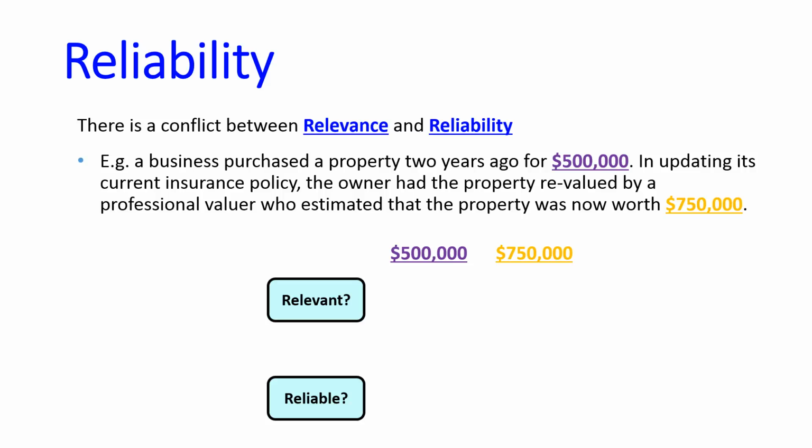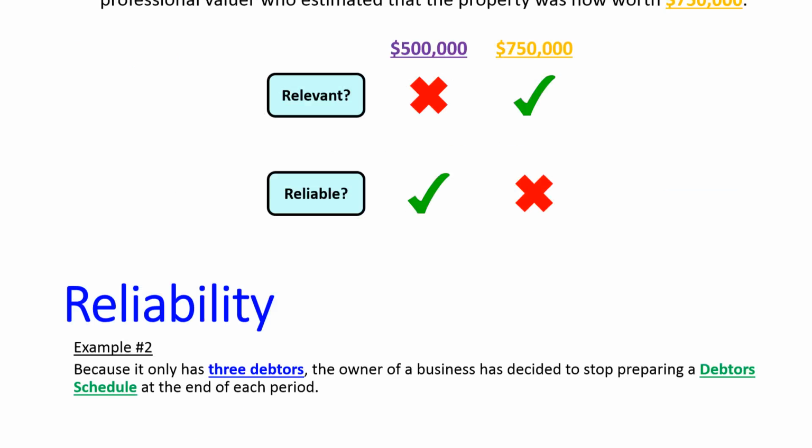Should you be relevant? If you are, then you'll forget the old number and update it to its current market value. If you're being reliable, you'll use the old figure, even though it's got nothing to do with today's value and it's way below what it's worth. We'd still value it at $500,000 under reliability, because there's going to be a source document to verify the transaction that took place.